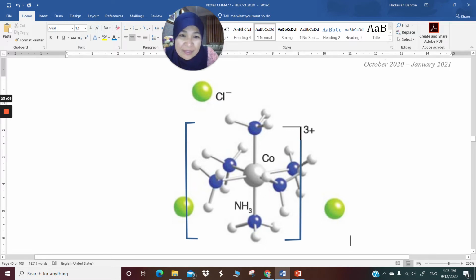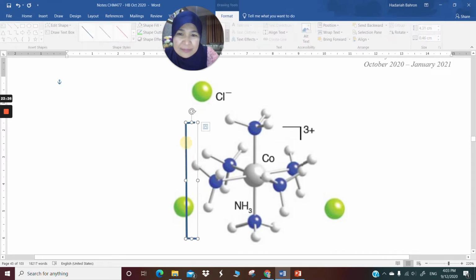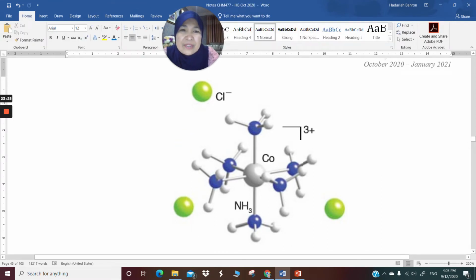If you see a partially formed square bracket with a charge, that actually represents the whole square bracket on the left and the right. So if I delete this and I delete that, it can be represented by this half-formed square bracket with a charge.